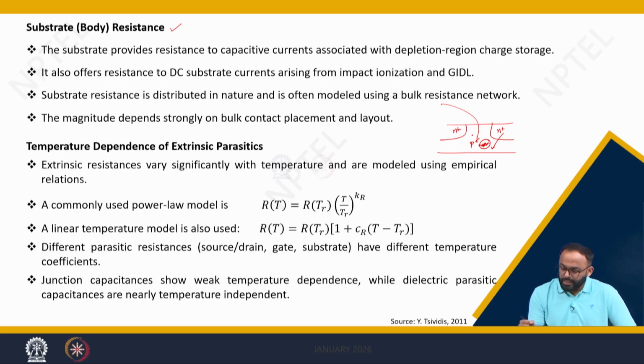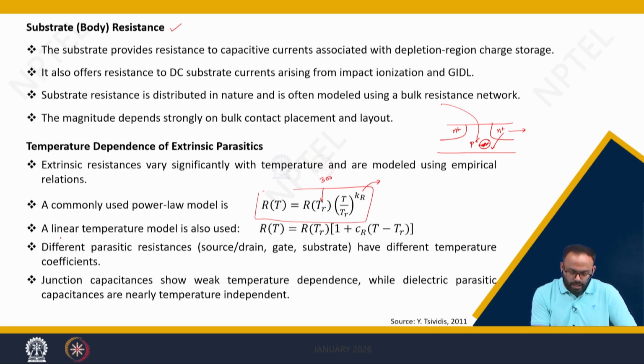Now these resistances and capacitances are highly temperature dependent. If you tune the temperature, then not only the intrinsic part of the MOSFET is disturbed, but the resistances provided by the external part are also influenced. A commonly used power law model for the resistance is this, where TR is the room temperature, right, and KR is a fitting parameter.